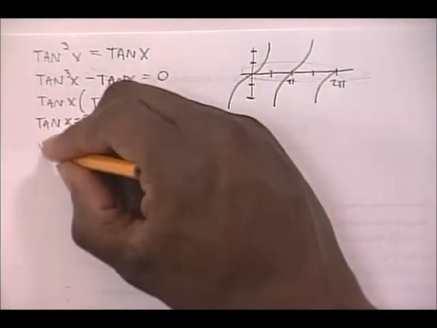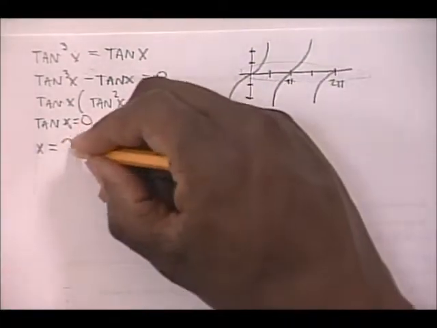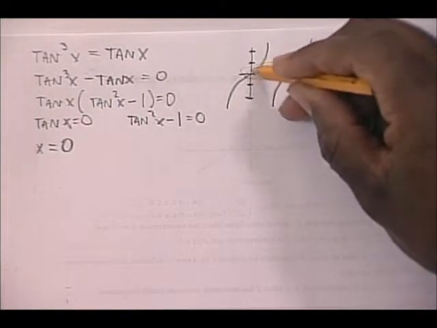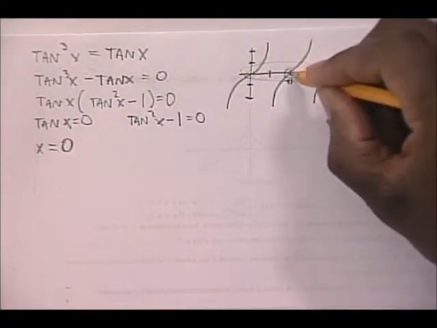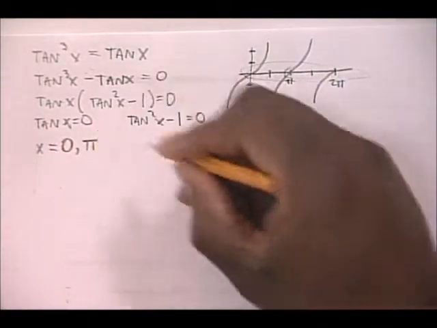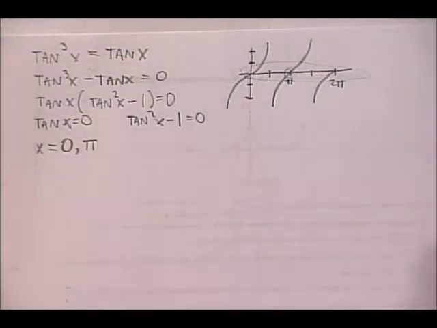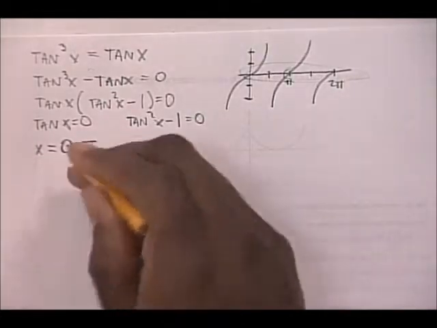I'd ask my students to be able to see that the tangent of 0 is 0. Here, this curve goes through the y value 0. This curve also goes through the y value 0 at pi. So your answers will be 0 and pi. Well, and 2 pi, but we'll just say 0 and pi for right now. So that would be their answer in radians.